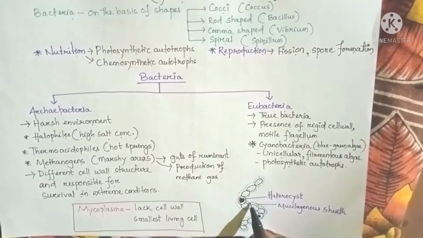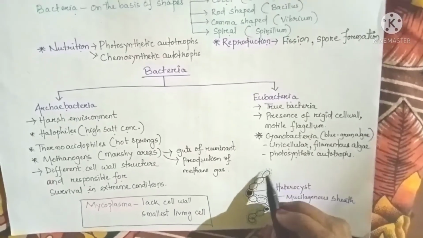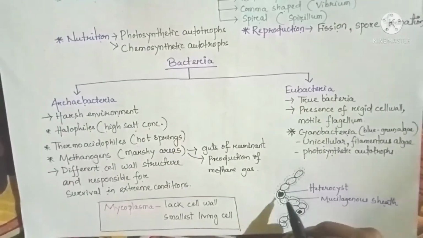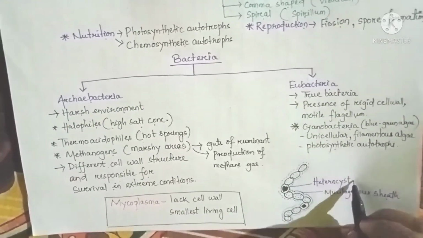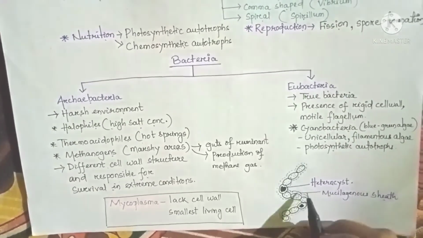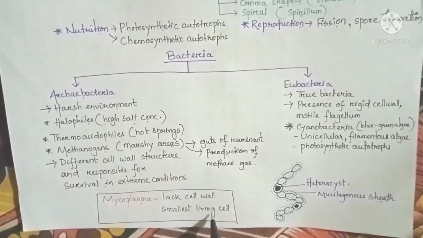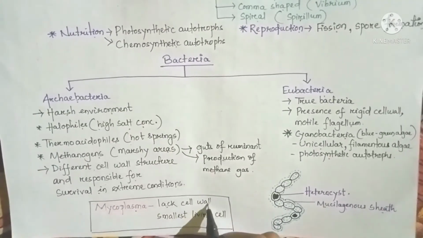This is the structure of a cyanobacteria colony, which has an outer covering of mucilaginous sheath, and this structure is called a heterocyst, which is responsible for nitrogen fixation. Mycoplasma is the smallest living cell known, which lacks a cell wall.